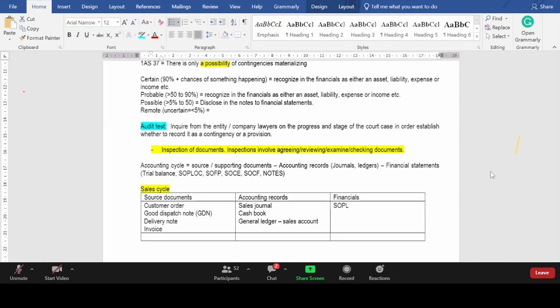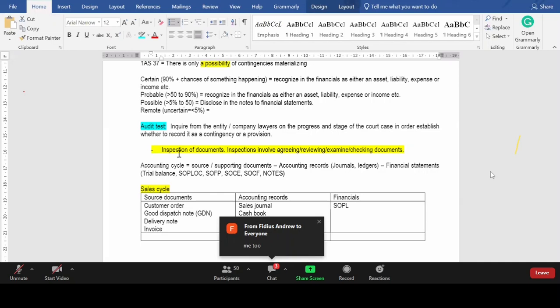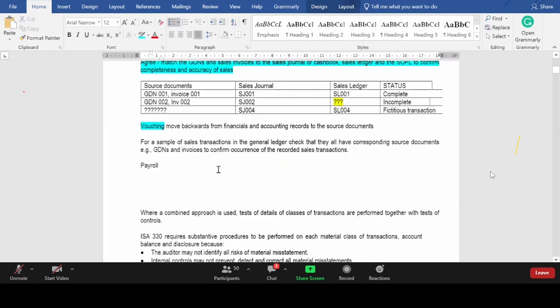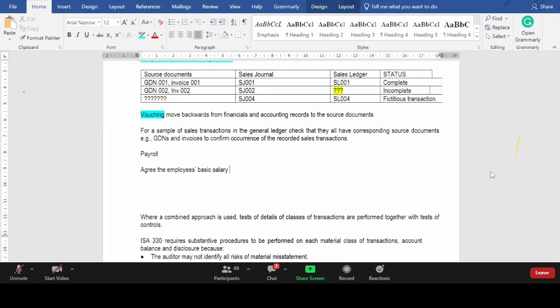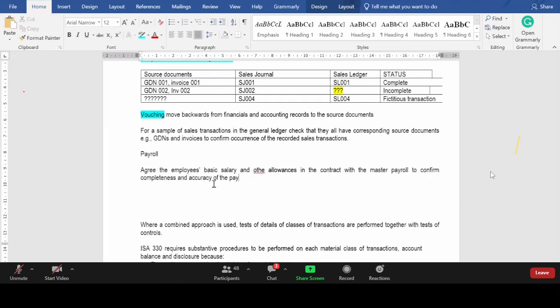So for the payroll, we can, for example, agree the employees' salary and other allowances in the contract with the master payroll to confirm completeness and accuracy of the payroll.